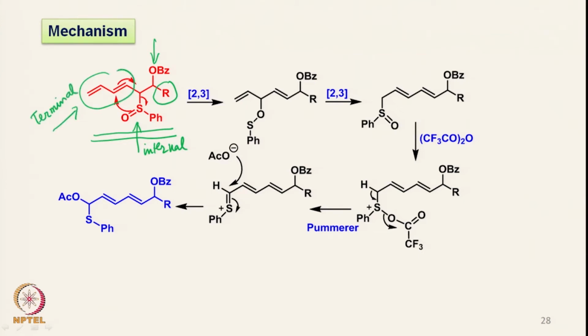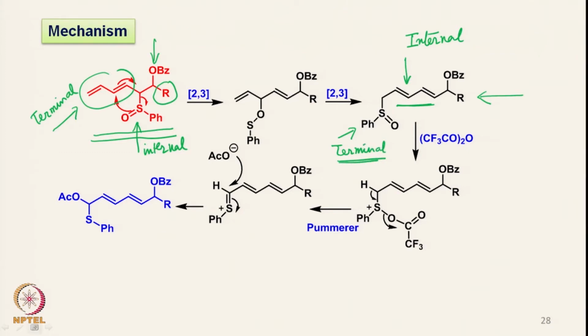Now just like that it cannot get converted into this diene which is an internal diene and a terminal sulfoxide. So this is an internal diene and terminal sulfoxide. Now just like that it cannot undergo, but what it does is very interesting.